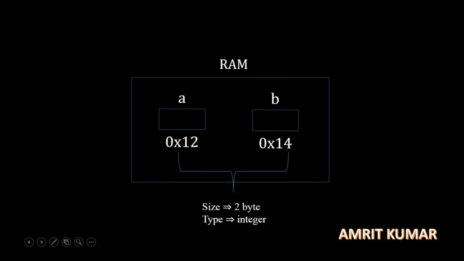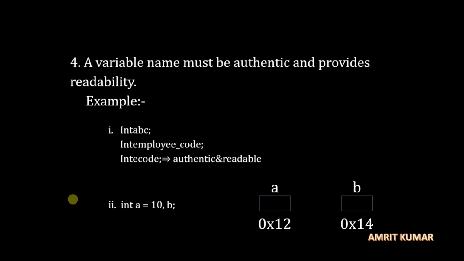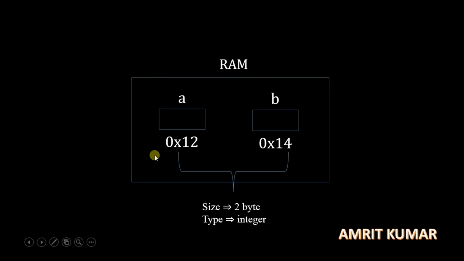So simply we can say when we write int a equal to 10 comma b, memory in the RAM is allocated for variable a and for variable b, and that area will be unique.